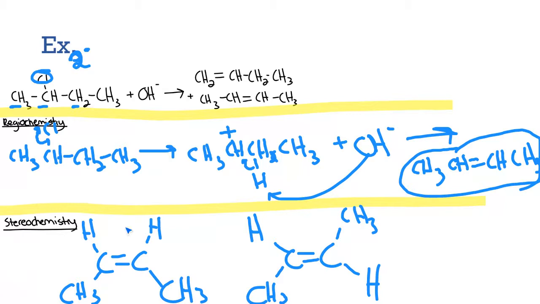And if the groups were not the same on either side, but both carbons still have two different groups on them, you can still have stereoisomers. You'll just have to use E and Z instead of cis and trans.